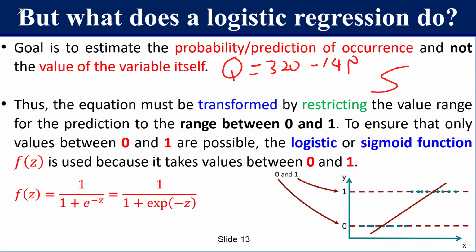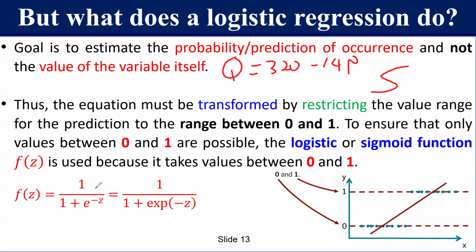The sigmoid function is always f of z, which is equal to 1 over 1 plus e raised to the power negative z, where z is the input value in this sigmoid function, the logistic function.